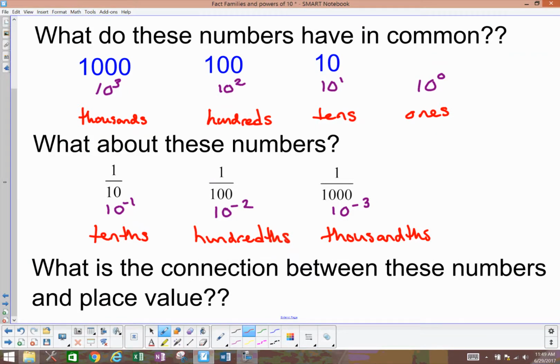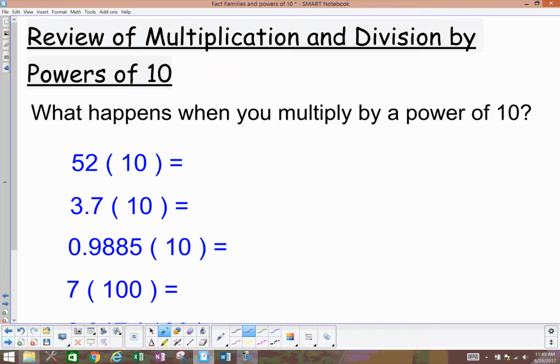The reason why this is significant is because when we are multiplying or dividing by powers of 10, we can actually do a shortcut. Each power of 10 represents one shift in place value.